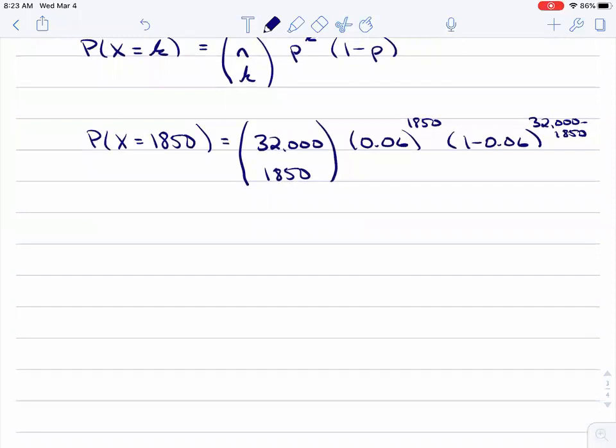We can simplify this a little bit, right? Not too much. 32,000 choose 1850 is 0.06 to the power of 1850 times 0.94 to the power of 32,000 minus 1850.